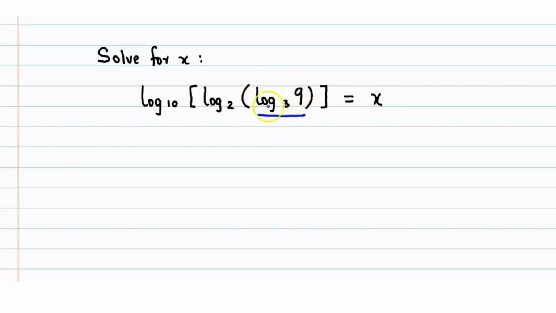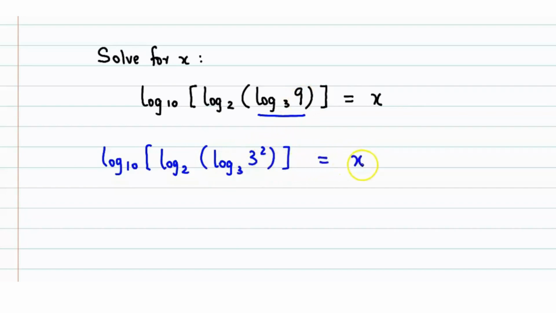So we start simplifying from this innermost logarithmic term. So our next step would be log to the base 10 of log to the base 2 of, we have log to the base 3, and this 9 could be expressed as 3 square is equal to x.